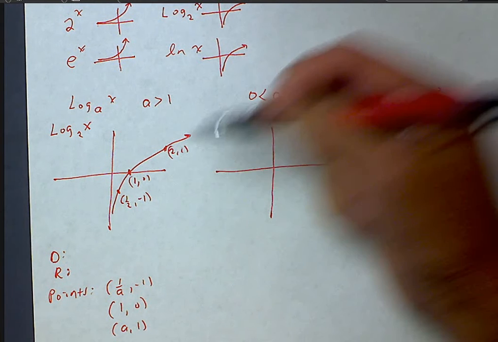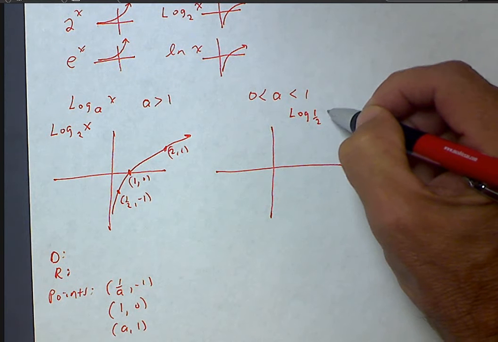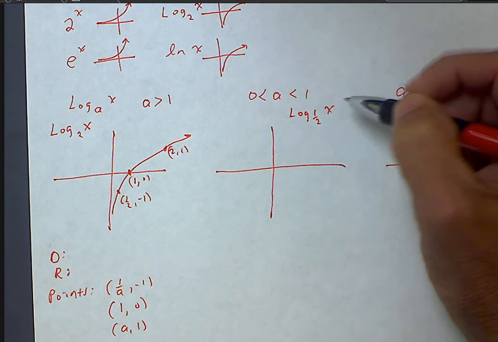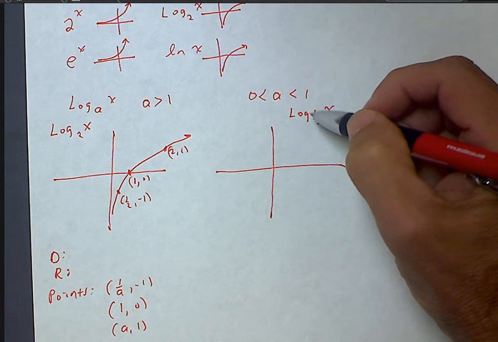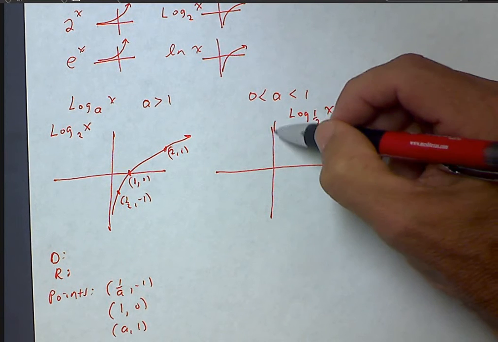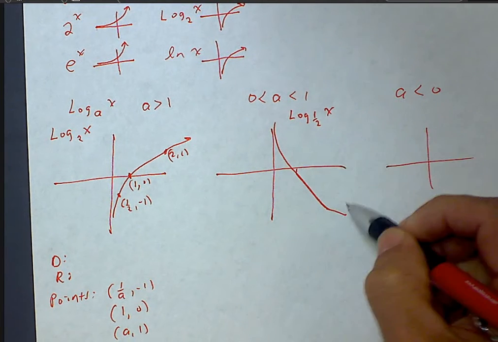The second possibility is let's do log base 1/2 of x. Now this is a number between 0 and 1. It's a fraction between 0 and 1. And that's going to flip the graph over. So it looks like this. It's basically the same graph flipped over.